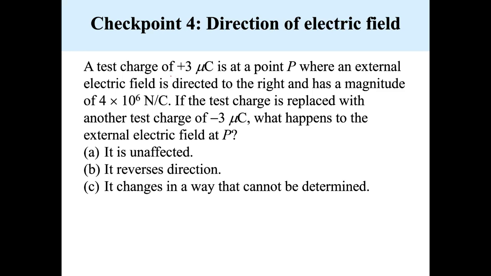So this is the test charge at point P. The external electric field is directed to the right and has this magnitude. If the test charge is replaced with another test charge, instead of plus 3 microcoulombs, it's minus 3 microcoulombs, what happens to the electric field at point P?